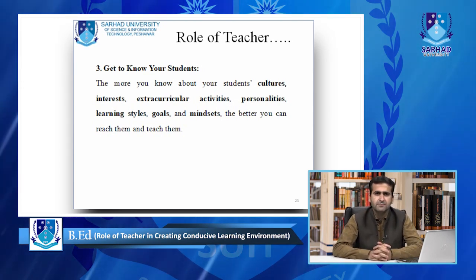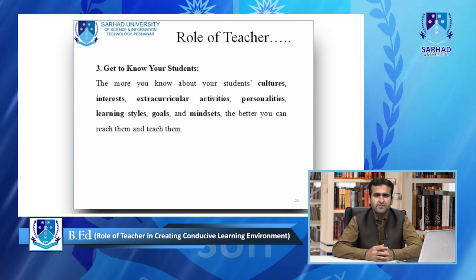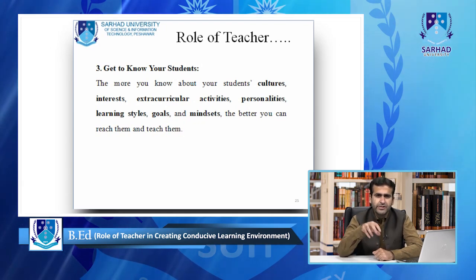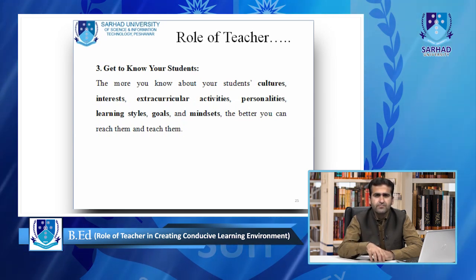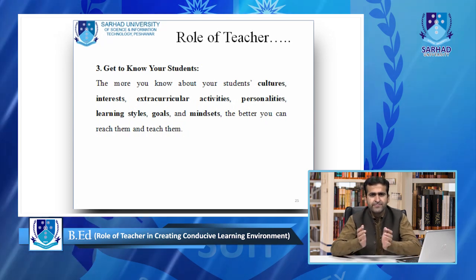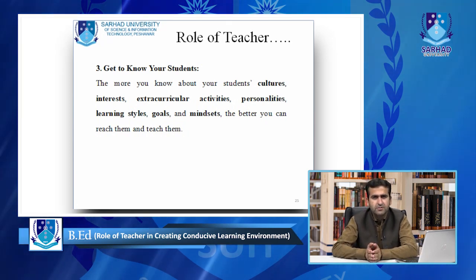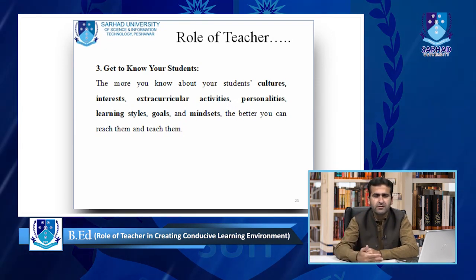Learning style. We need to know the learning style of the students. They may learn more and more in a group discussion. The student may learn more if you provide certain assignments to them.